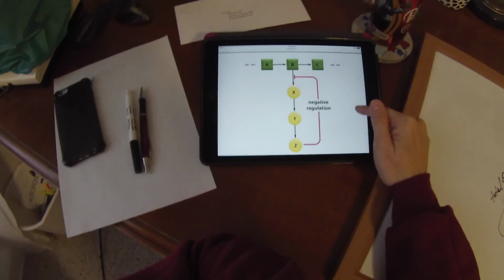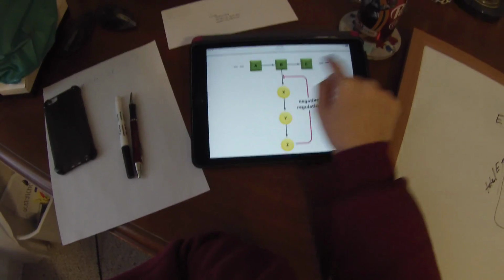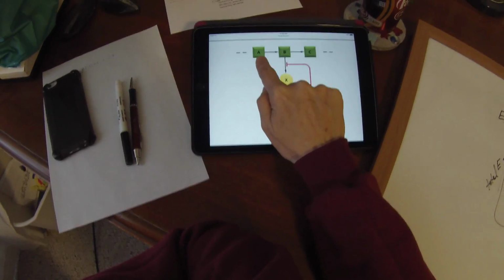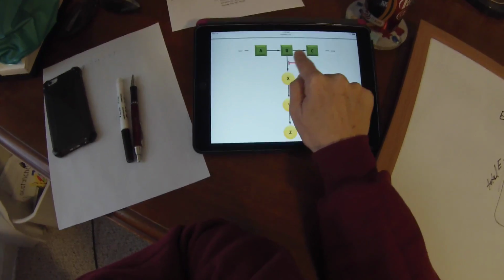In the case of negative feedback inhibition, let's consider we have a reaction pathway where substrate A becomes product B, and then that becomes substrate for the next reaction.